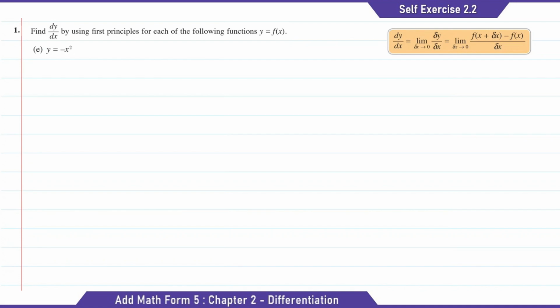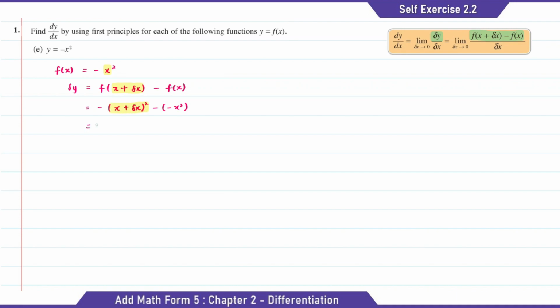Question E. y equal to negative x squared. So here I can also write this as f of x equal to negative x squared. First, substitute the x here with x plus delta x: negative bracket x plus delta x squared minus f of x, which is negative x squared.